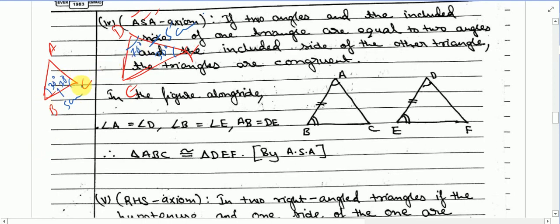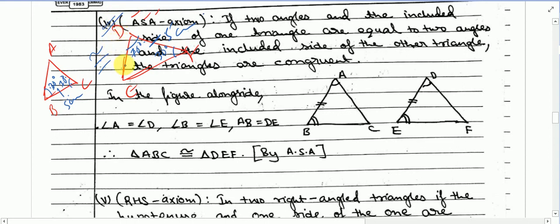So these two will be congruent. The reason is angle, side, angle: 30 degree, length 5, and 70. These two are satisfying this condition.